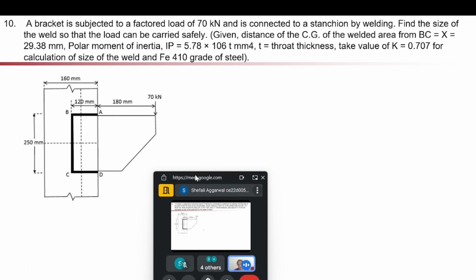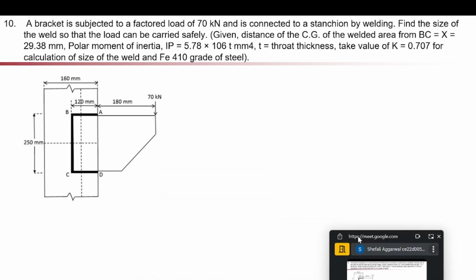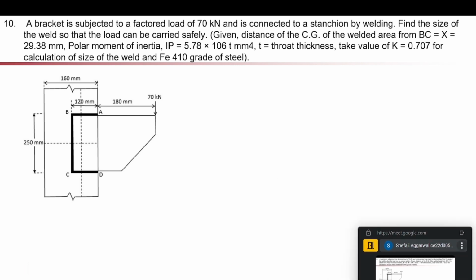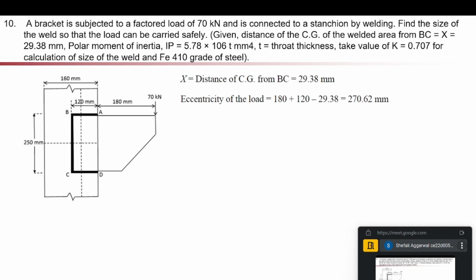So take 5 minutes if you can calculate it, then we will see the solution. So this is the X value which is given to us.